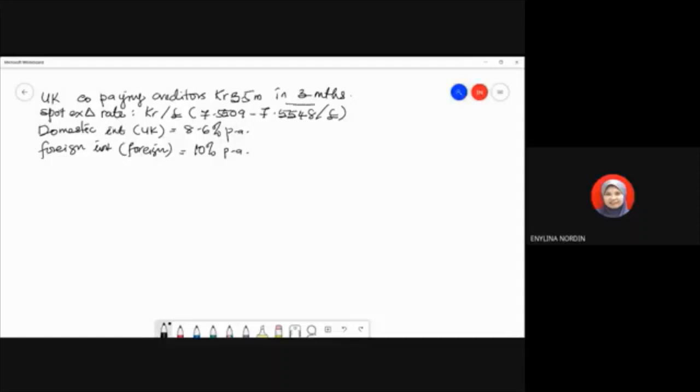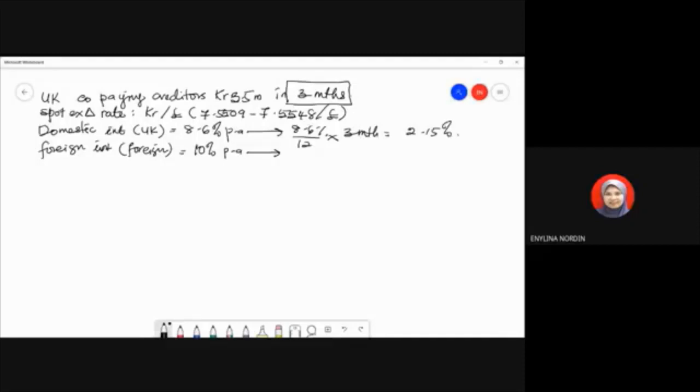Now our concern here is that the payment is going to be made in 3 months. So we can straight away change these interest rates for the next 3 months only. You convert the 8.6%: divide by 12 months and multiply by 3 months, and we get the interest rate for 3 months.